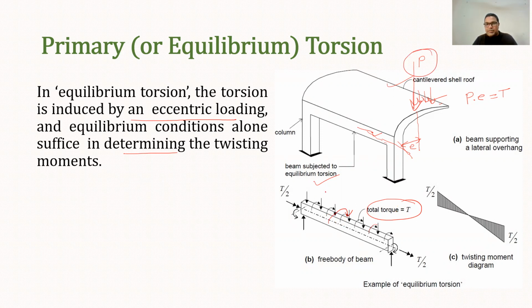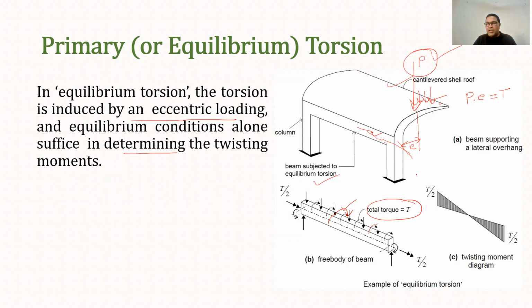There is no other way: this load is transferred to this beam, and this beam will resist this moment and will be subjected to the torque or torsion. This is the primary torque subjected to this beam, and therefore we have to design this beam for this torsion which is subjected because of this external load.